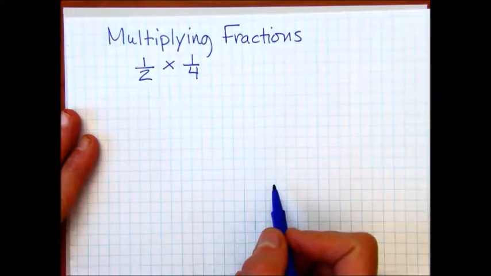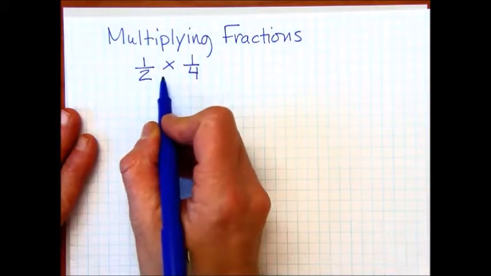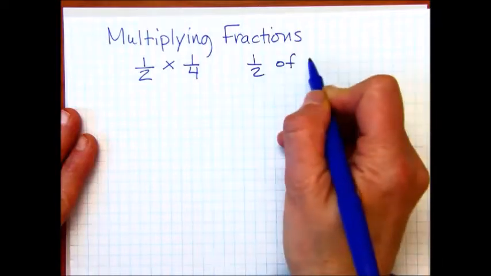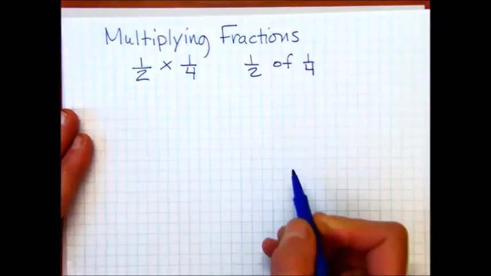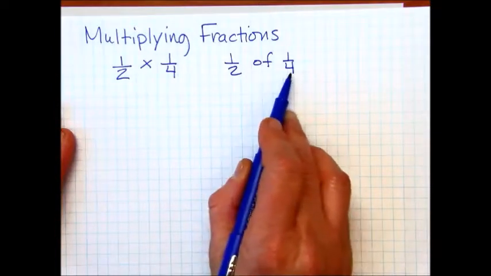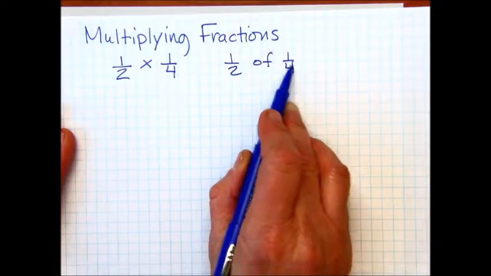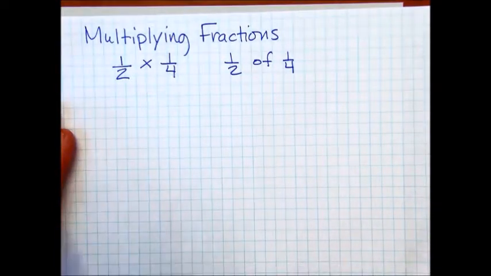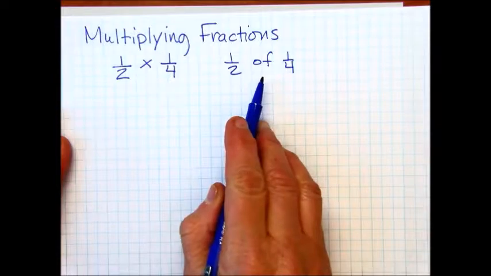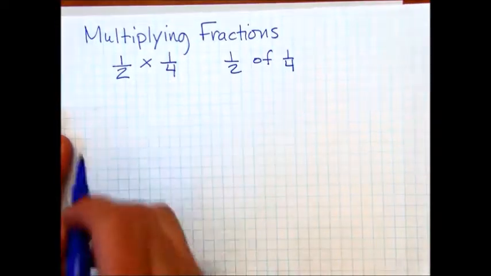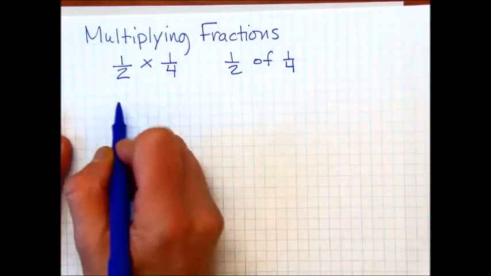Now another way to think of this times is to say 1/2 of 1/4. So basically we have 1/4 and we're going to take 1/2 of it. Okay? And in drawing pictures to model this problem, I'm going to go ahead and draw 1/4 in a drawing.